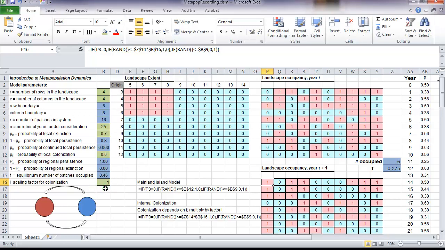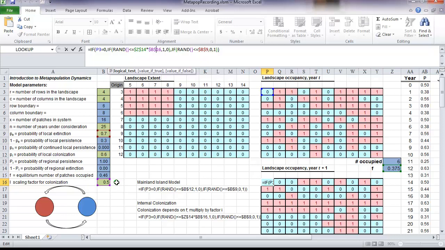What happens when we change I? If we drop I down to some number, and I can range between 0 and 1, now when we draw our random number, we're going to take the fraction of patches and multiply it by I. And so we're really shrinking the probability that we'll become colonized, because 0.375 times a half is a smaller number, and so we're decreasing our chances of being colonized.